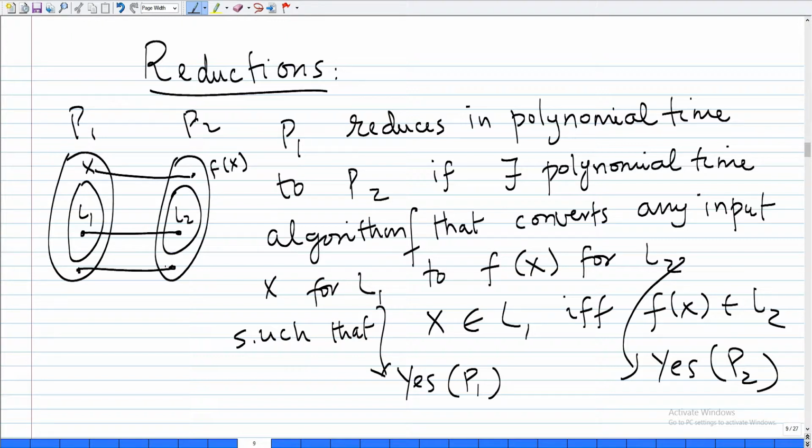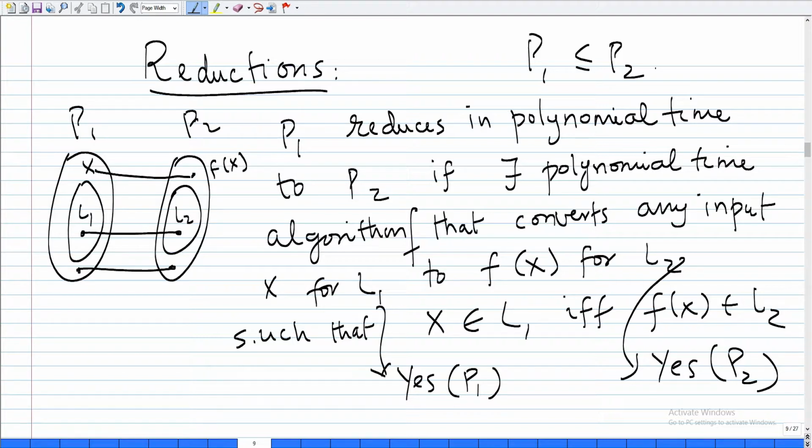This is just formalizing whatever we talked about. So, I am going to write this notation as P1 reduces to P2, which means that you can use an algorithm for P2 to solve P1.